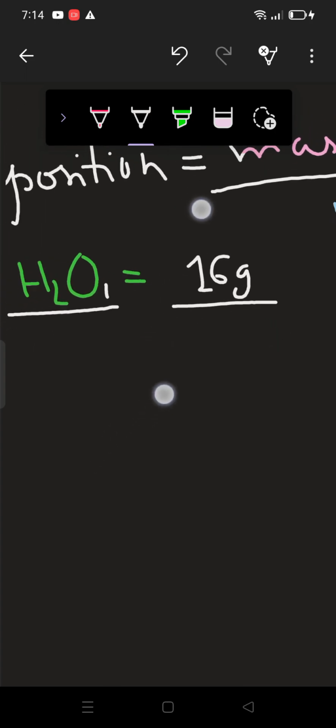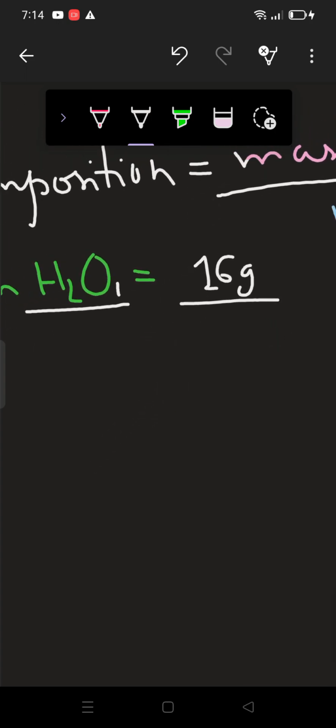There is only one atom of oxygen. Means what is the mass of the oxygen here? Here the mass of the oxygen is 16 gram, right? Upon, we need to divide this mass of the particular quantity by the mass of the entire compound. Now we know what the mass of H2O is.